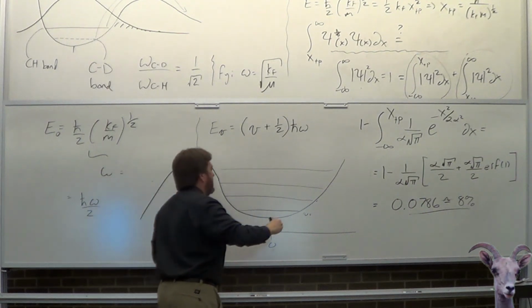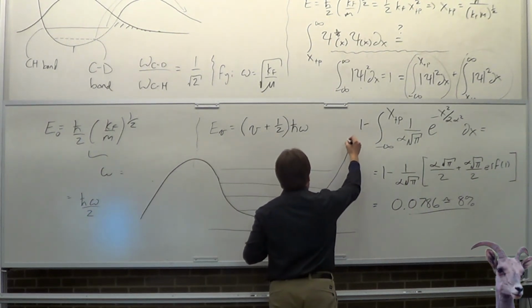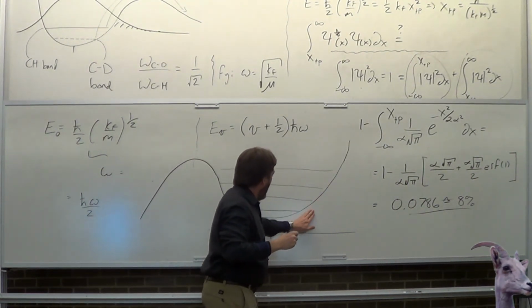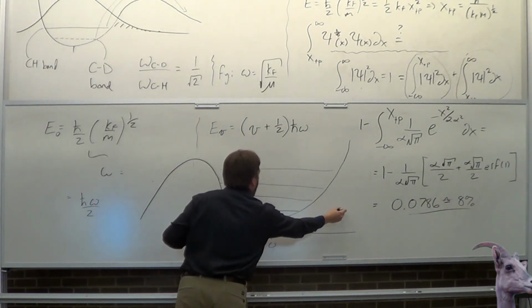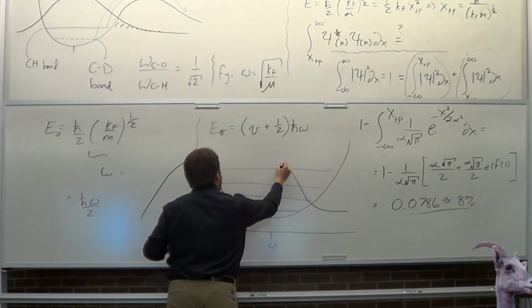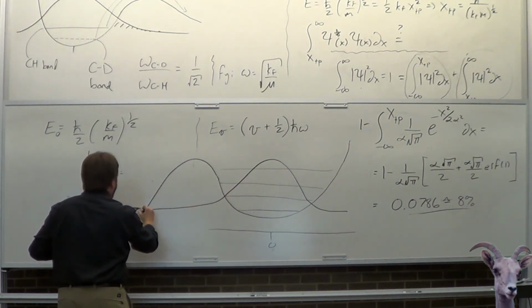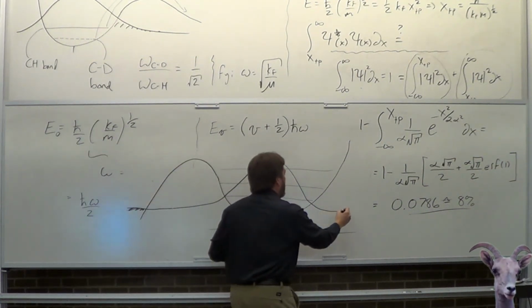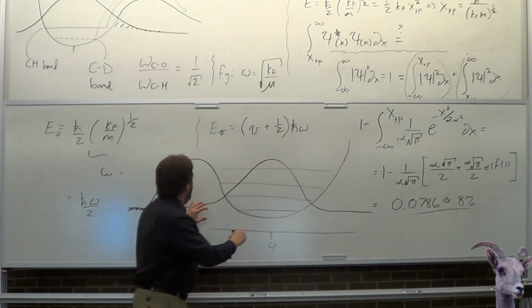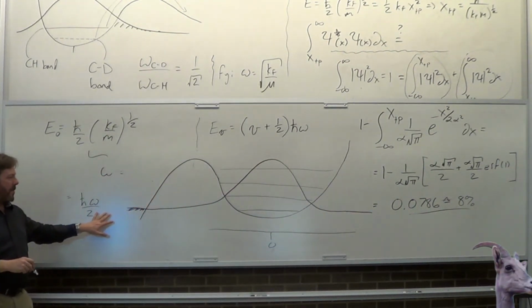Imagine you have a potential surface like this. I'm kind of working this backward. What happens is you've got yourself a wave function like this that has some finite probability of being outside of some barrier.